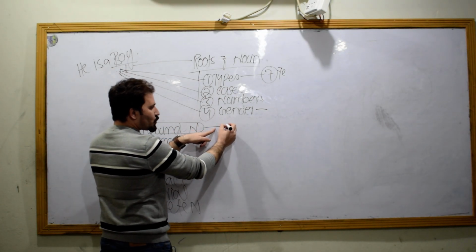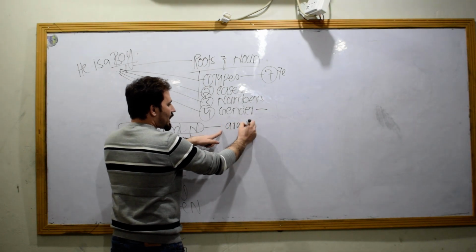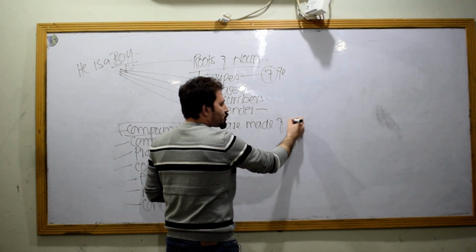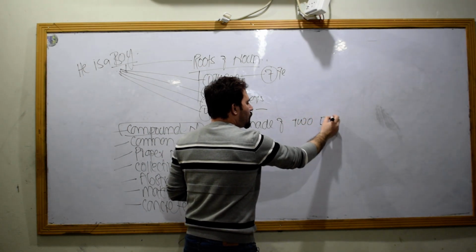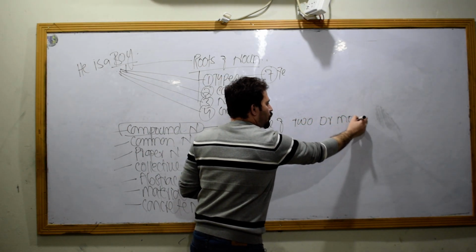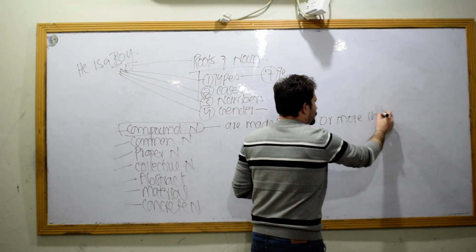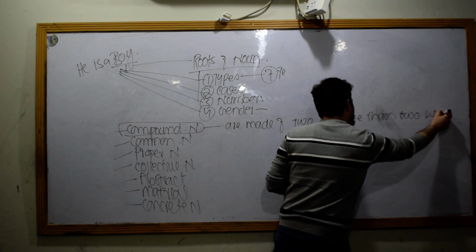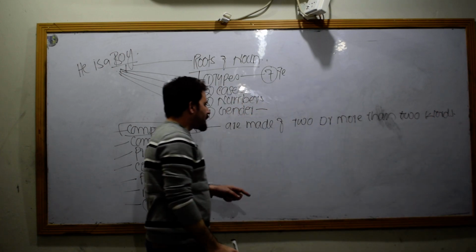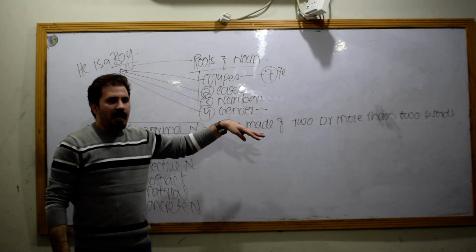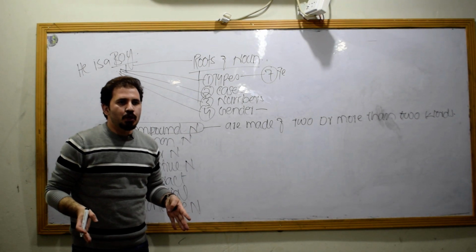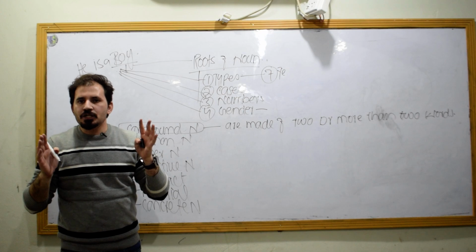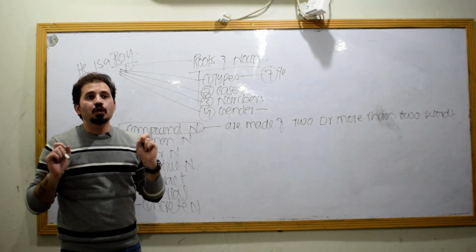Compound nouns are made of 2 or more than 2 words.